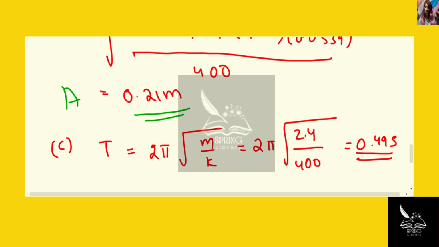So this is the time period. So the amplitude is less than the initial height of the stick above the pan because mechanical energy is lost in the inelastic collision.